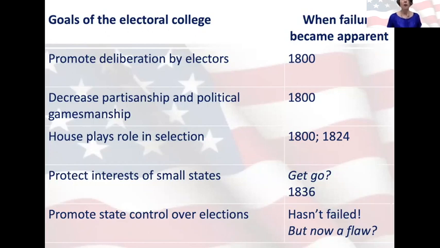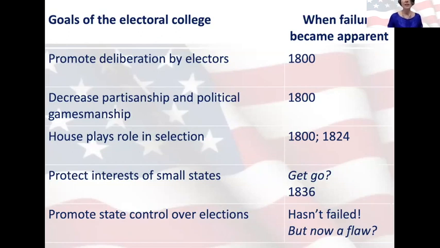First of all, promoting deliberation by the electors, making sure that the wisest candidate would prevail. Well, by 1800, the electors had stopped deliberating and had become mere rubber stamps of the political parties that promoted them to electors.